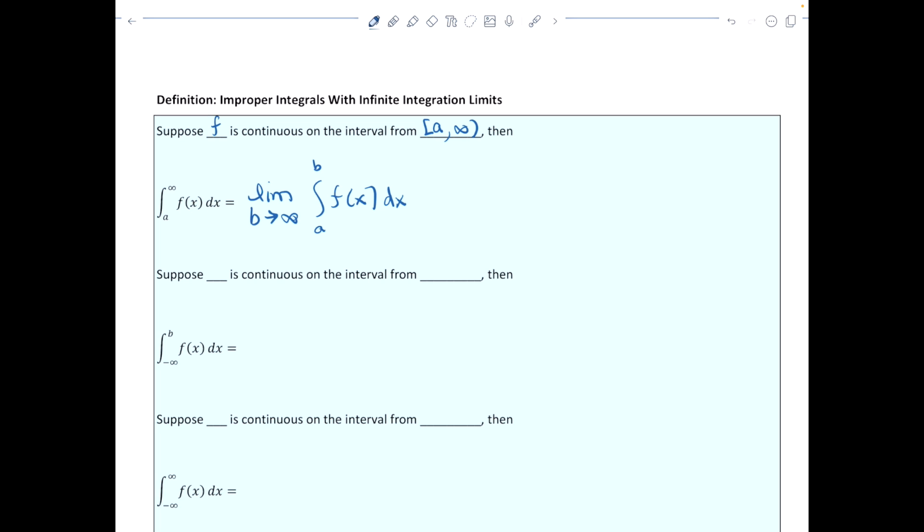Groovy? Just did an example. Now, suppose it's going the other way. f is continuous from minus infinity to b, inclusive of the b. So now we would take the limit as a approaches negative infinity of the integral from a to b of f of x dx.